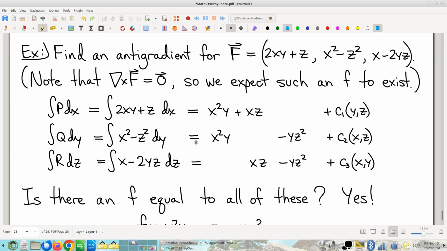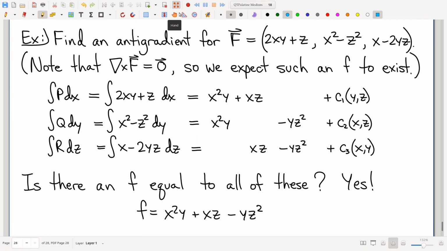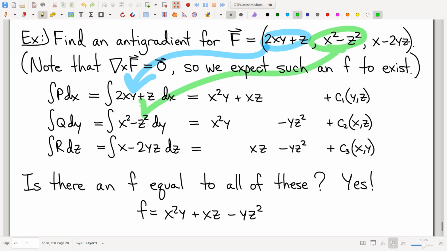Here we go. Got a vector field here. First coordinate is our p. Take the x antipartial of that. Second coordinate is our q. We take the y antipartial of that. Third coordinate is our r. We take the z antipartial of that. That's just following the formulas from the previous page.